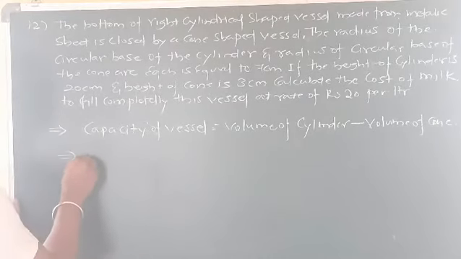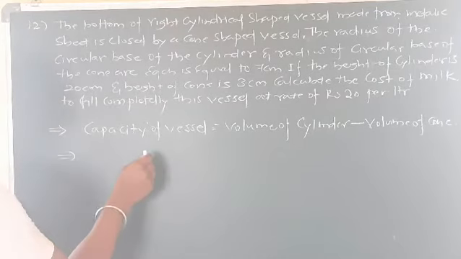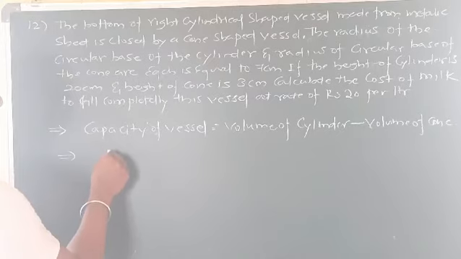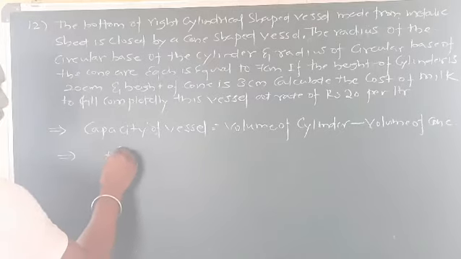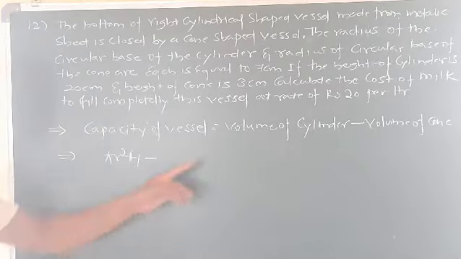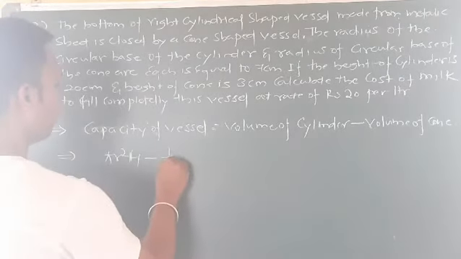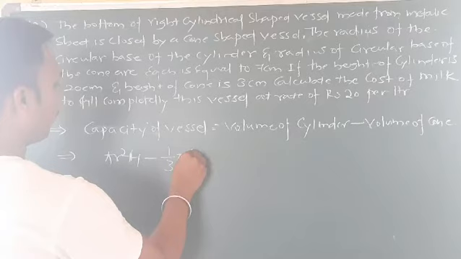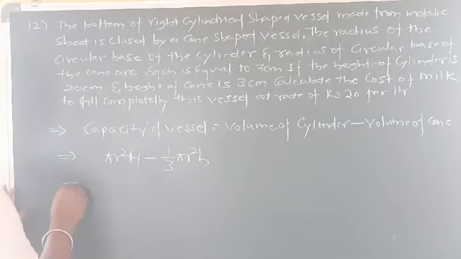Now the capacity of the vessel, we can say, is volume of cylinder minus volume of cone. So we have volume of cylinder, it is pi r square capital H, minus volume of cone, 1 by 3 pi r square small h. Now is there anything we have common here?